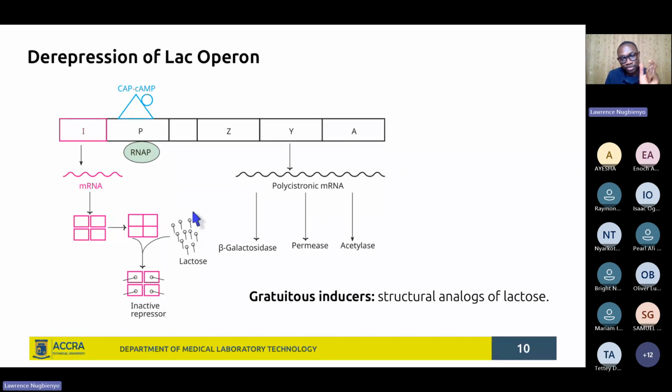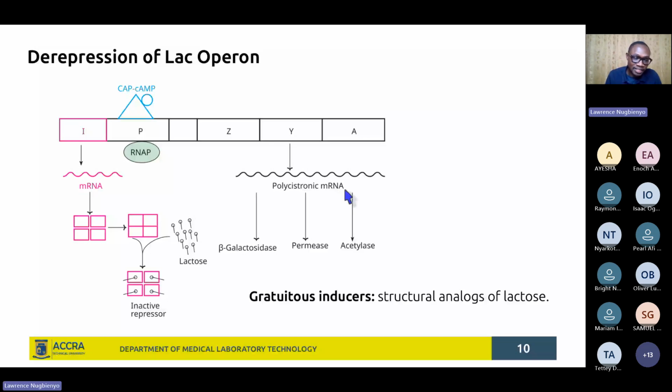So a cistron is a unit of a nucleic acid that is coding for one protein. But here you see that the gene is coding for more than one protein. It's coding for 3 different proteins: galactosidase, permease, and acetylase. And because of that, it's referred to as a polycistronic gene. And the messenger RNA that is being produced from it is a polycistronic messenger RNA.